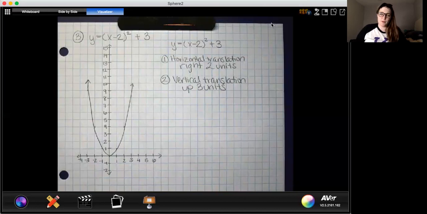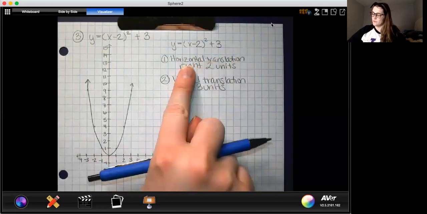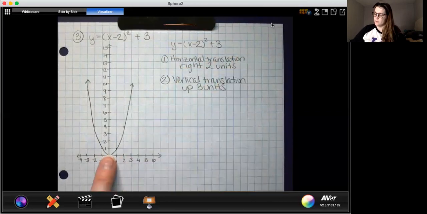Now, because we're going to be doing more than one transformation, we're actually going to do dotted lines from here on out to represent our transformation. So the first thing we have to do is a horizontal translation right 2 units. So I'm going to move all my points to the right 2 units.